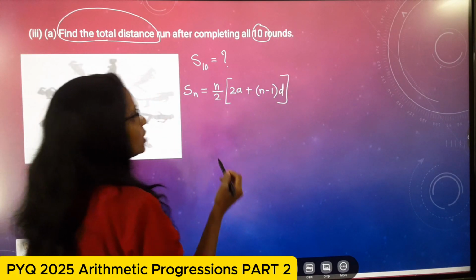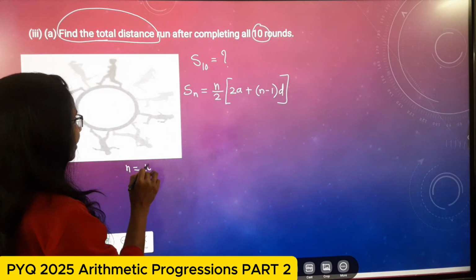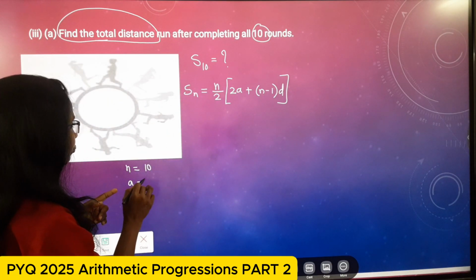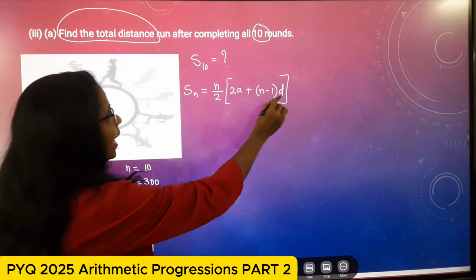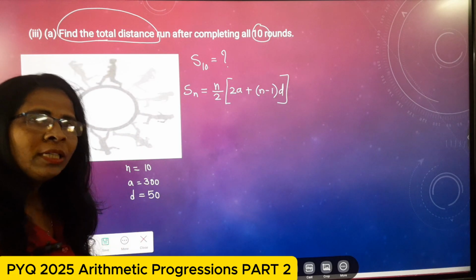Here n is equal to 10, a is equal to 300, that is the first term, and d is equal to 50, that is the common difference.